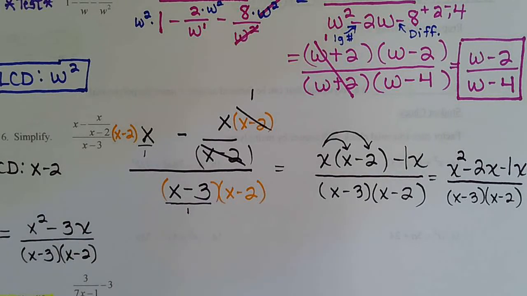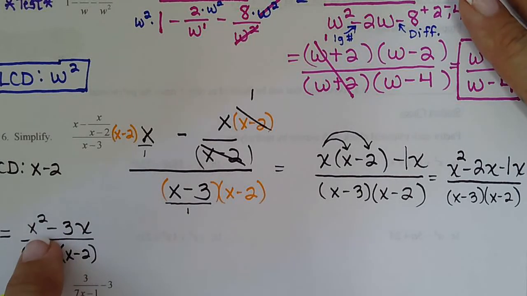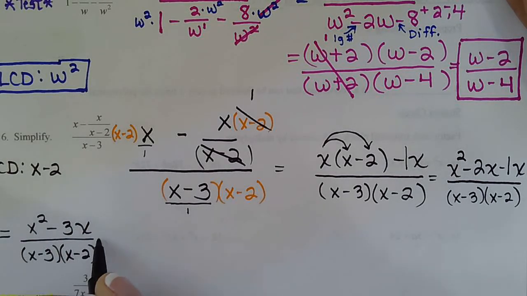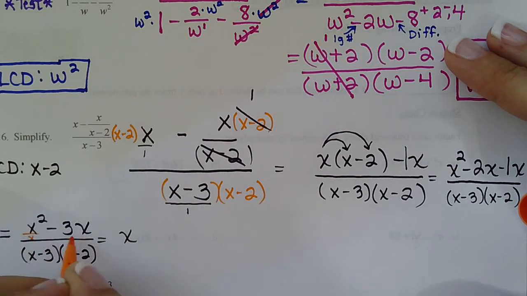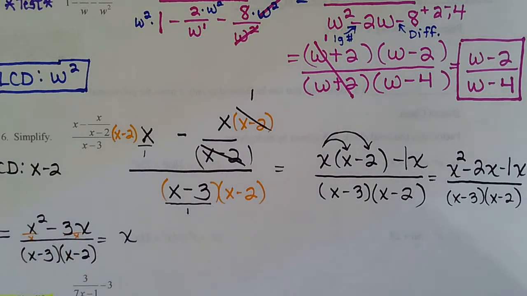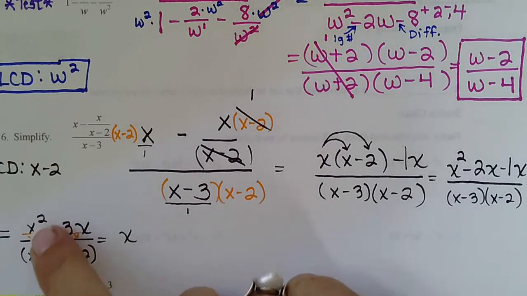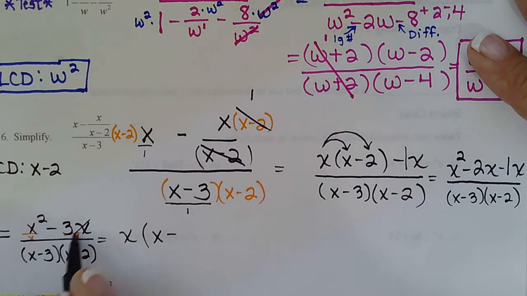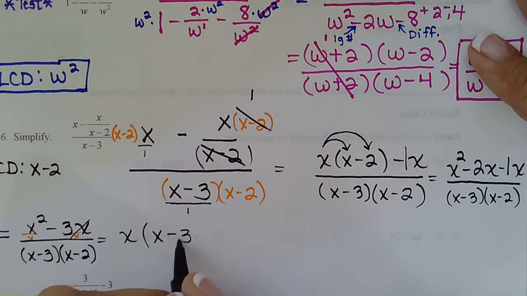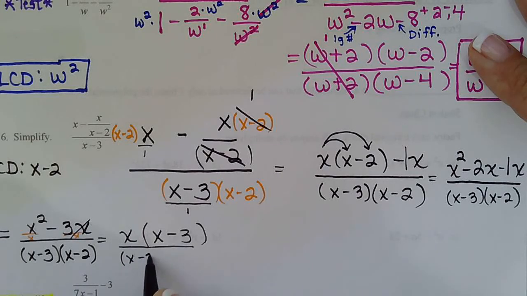That's the only thing 2 terms can be. So first we always have to start with GCF. Is there anything common? Yes, there's an x common. So I take an x out, divide each term by x, and 2 minus 1 on the exponents would leave x minus, here the x's cancel, 3. And then the denominator's all factored and ready for us.